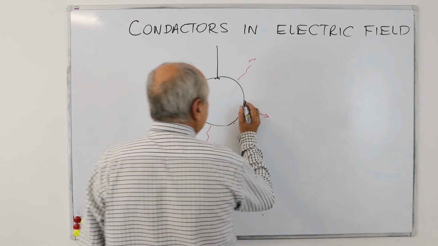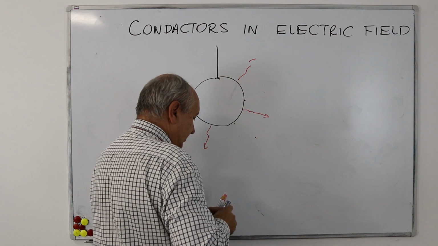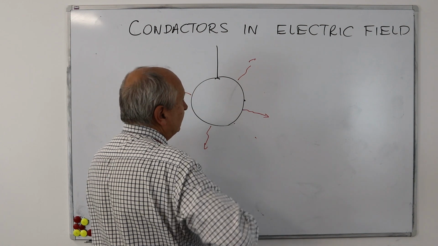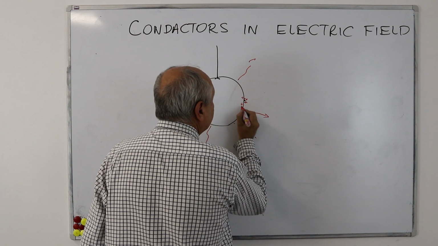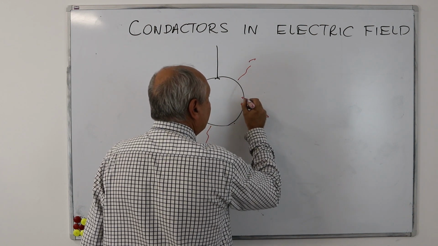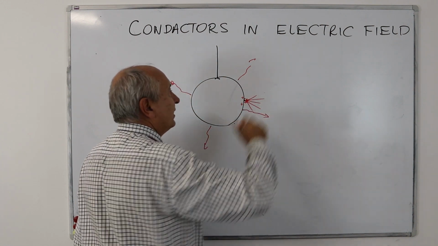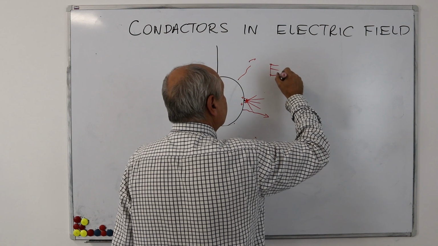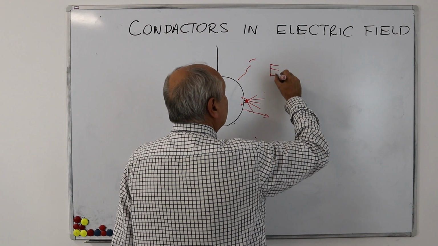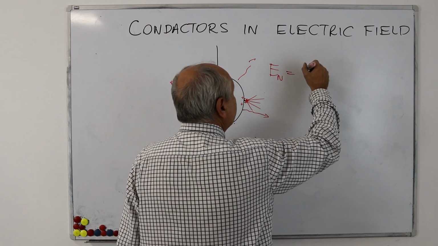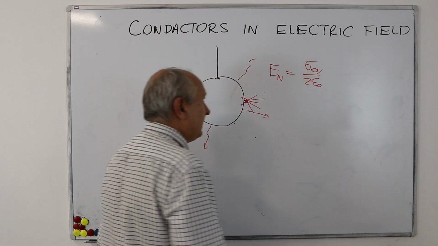when the surface was not polished, it had small peaks, and a lot of charges came to these small peaks and created at this point very high electric field intensity. We learned that the electric field intensity near the surface, normal to it, is equal to sigma divided by 2 epsilon 0.